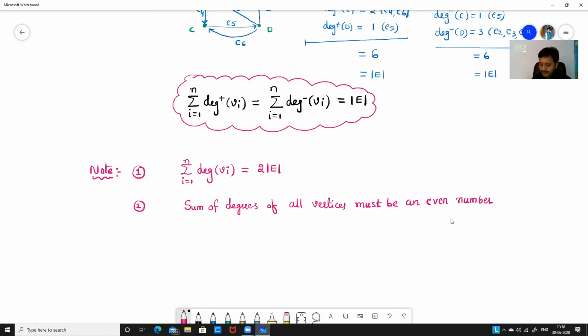How can I say even number? Because the sum of degrees of all vertices must be equal to 2 times the edges, right? 2 times edges means it must be an even number.